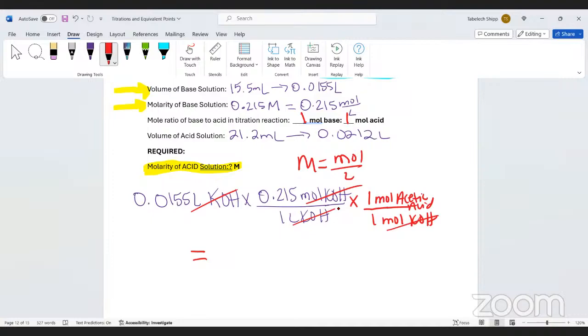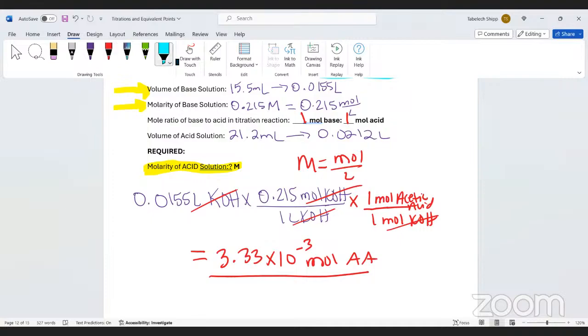So let's plug this in, 0.0155 times 0.215, and we get, although this number is in exponents, I'll just go ahead and write that down in scientific notation, 3.33 times 10 to the negative 3rd power moles of acetic acid. You're going to divide that number by what's left over, which is the volume of the acid. We're going to put that number that I'm highlighting in blue on the very bottom.